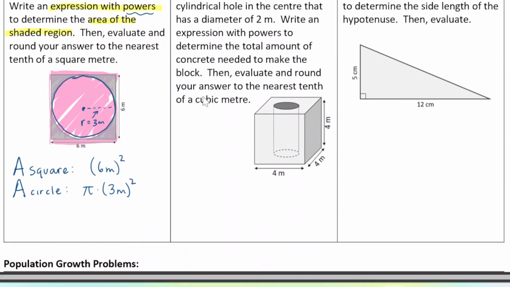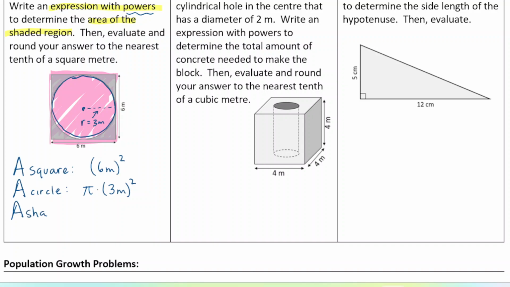And so we can evaluate the shaded region as 6 meters squared minus pi times 3 meters squared. And you can type that into a calculator and get, it says approximately to the nearest tenth, about 7.7 meters squared as our final answer.